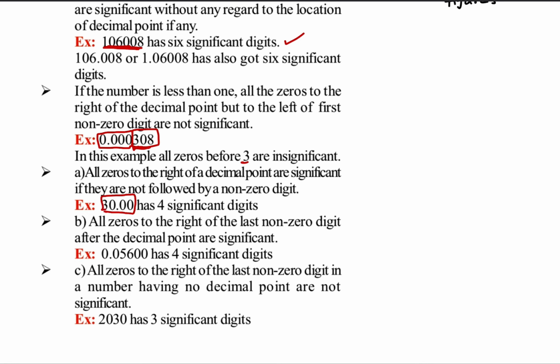All the zeros to the right of the decimal place are significant. Now you can see 30.00: here the significant figures are 4.